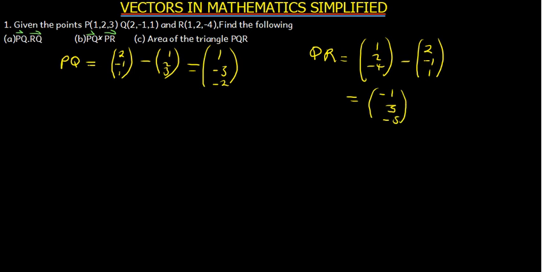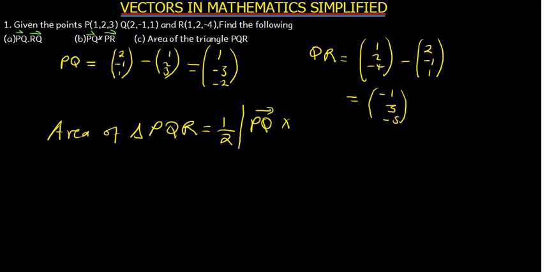Okay, like that. Now, to find the area of the triangle PQR, it is just going to be equal to half the modulus of the cross product of PQ and QR.